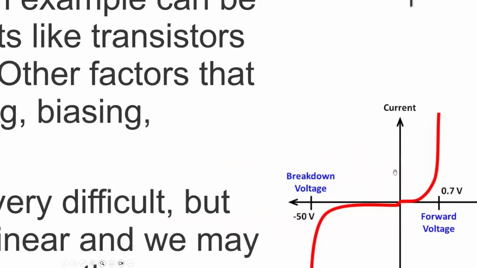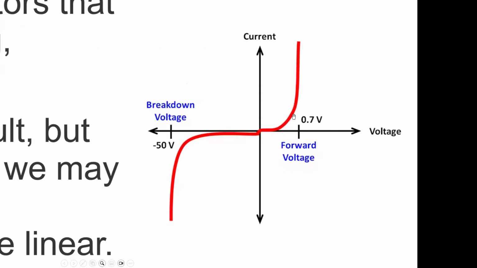We can find something that's called a quiescent point, which is going to be something like, for example, a transistor curve. Let's forget this is a diode. There's going to be amplification going on here, so there's going to be a straight line or something that almost is a straight line. If you want to send a signal to the base of the transistor, then we're going to have a current flowing through the collector, and it's going to be amplified in a linear way as long as we operate within this region.